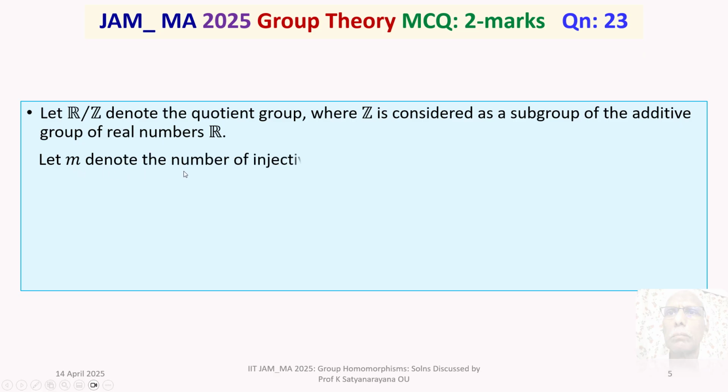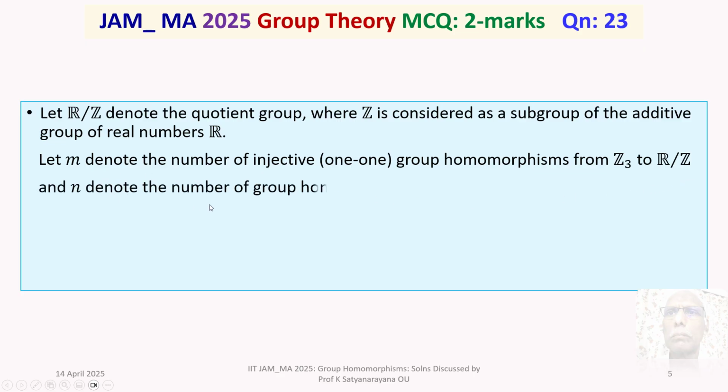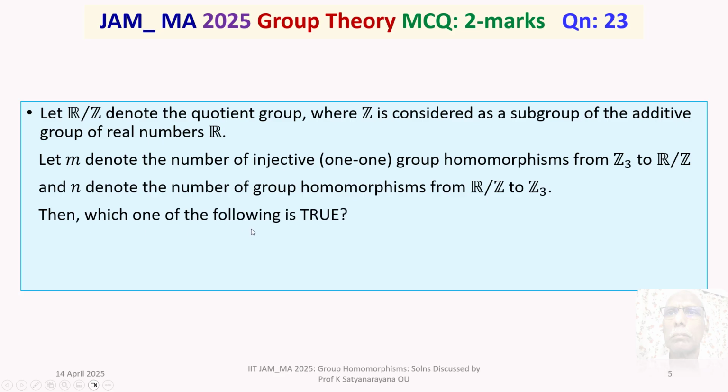Let M denote the number of injective, that is one-to-one, group homomorphisms from Z3 to R/Z, and N denote the number of group homomorphisms from R/Z to Z3, that is Z modulo 3. Then, which one of the following is true?